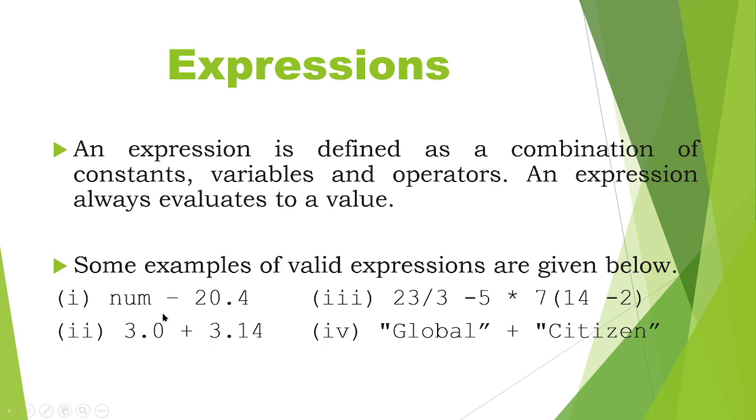Similarly, in the next example, you can see 3.0 plus 3.14 is also an expression, and this one is another example of an expression. In the fourth point, you can see we have taken two strings, global and citizen, and there is a plus operator between them. Here the plus operator is considered as the concatenation operator, and this is also an example of an expression.